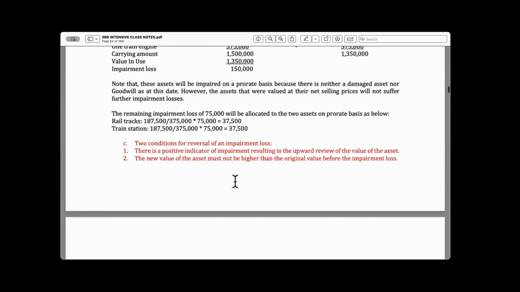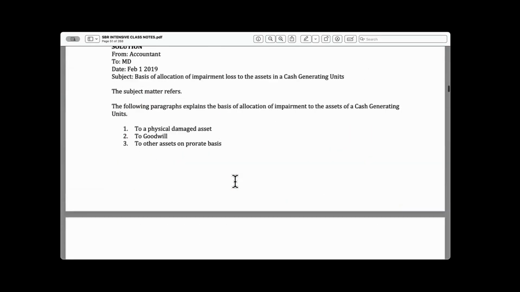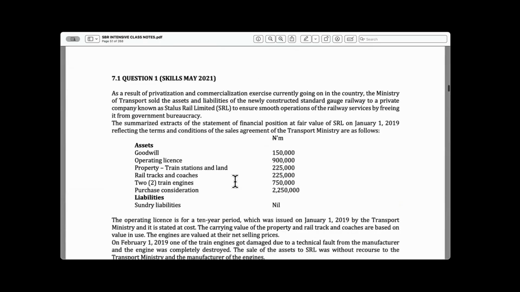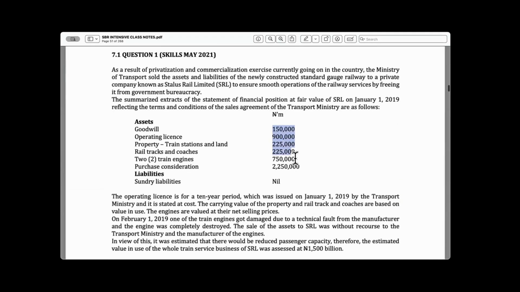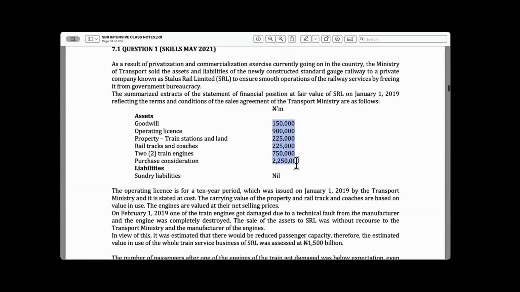And we looked at another major question. This particular question also looks at a CGU, but this CGU is a train station. So they gave us the assets of the CGU and the total assets of the CGU.